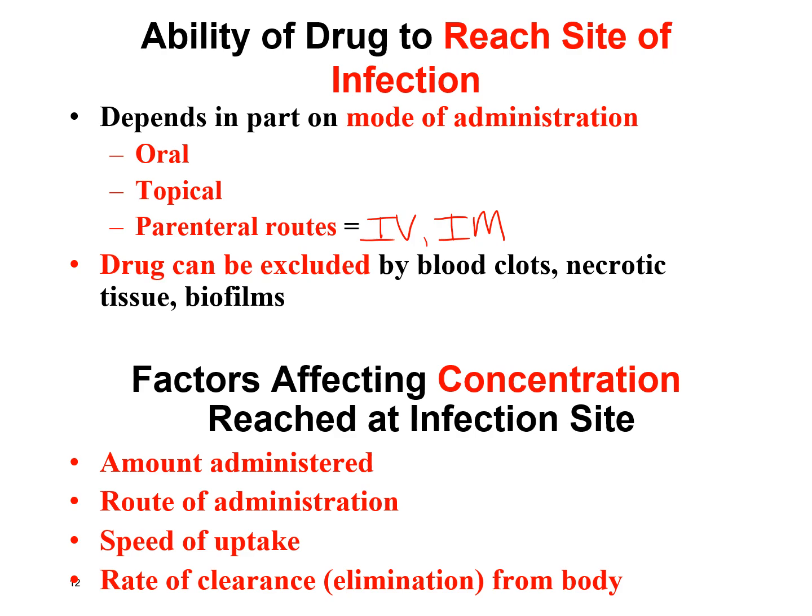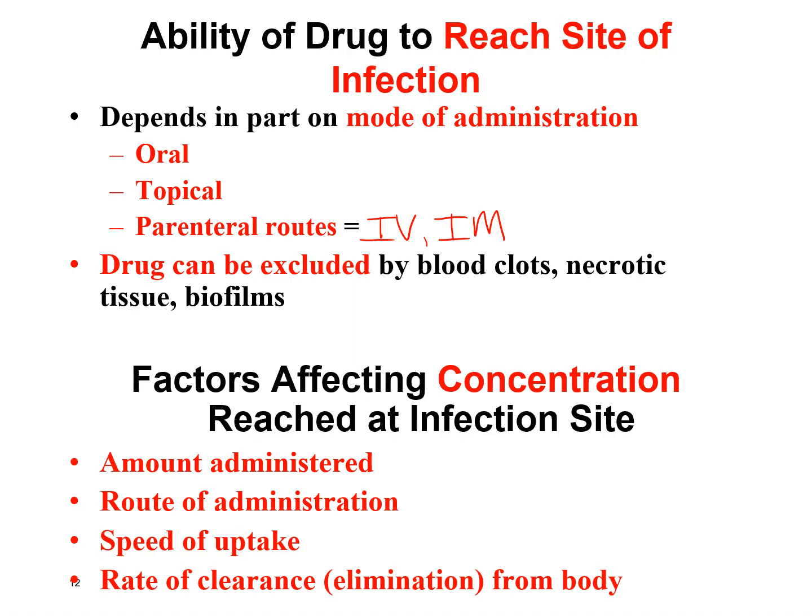And if you have dead tissue, the antibiotic can't penetrate through dead tissue because there's no blood flow through. So you need to clean the dead tissue out of the wound first before the antibiotic can get in there. And then also remember biofilms. That slimy layer will keep the antibiotics from penetrating. So if you have a medical device, you need to take that out, get rid of that biofilm, and then start over again.